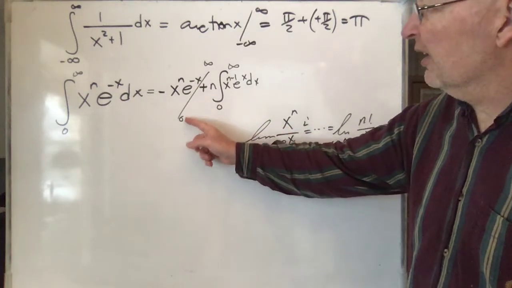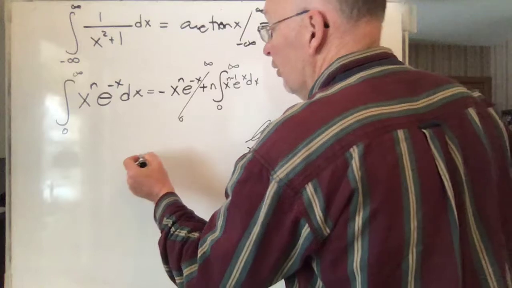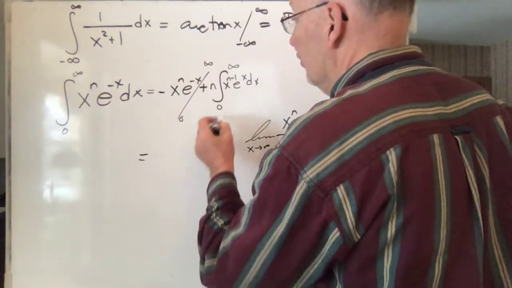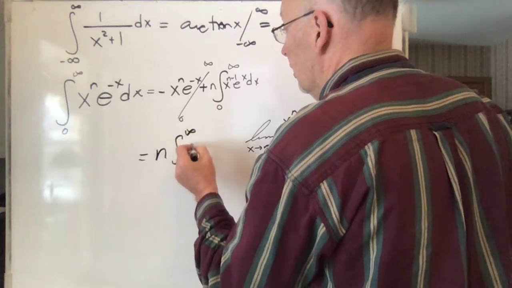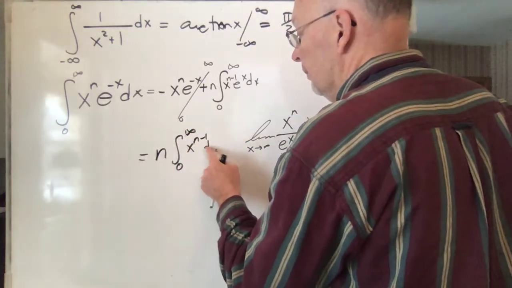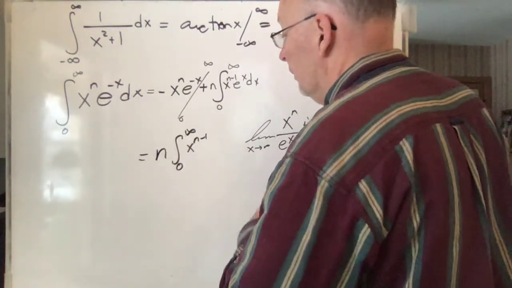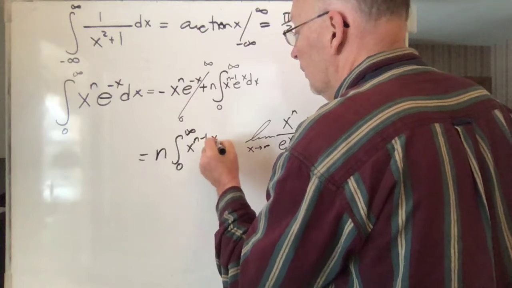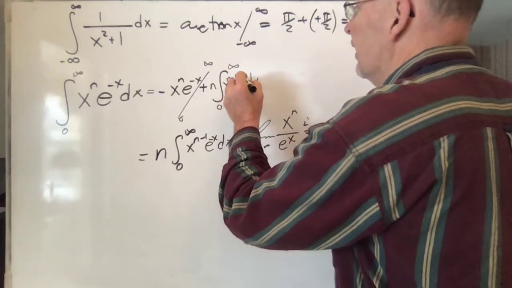What happens when you stick in 0 for x? Then you get 0. So this side, you get 0 on both of these things, and so you end up with just this. Should have had a negative there.